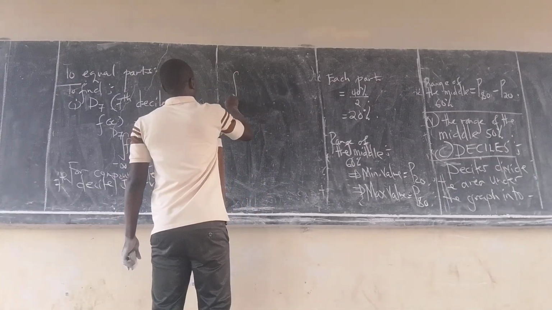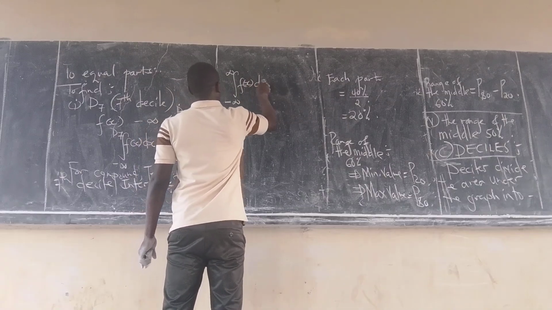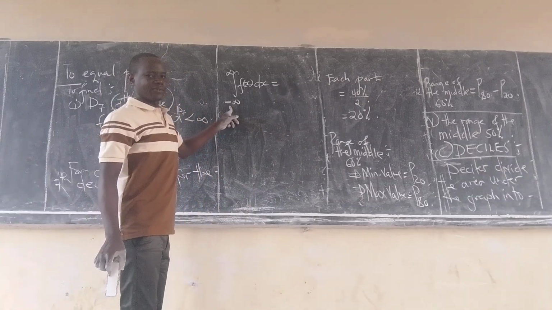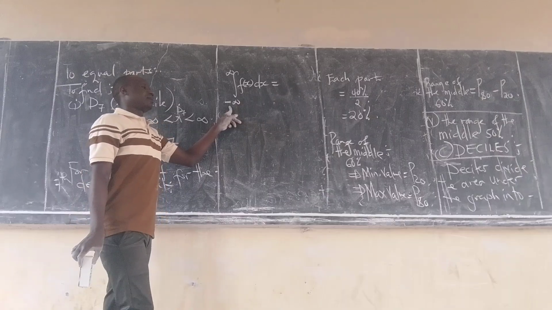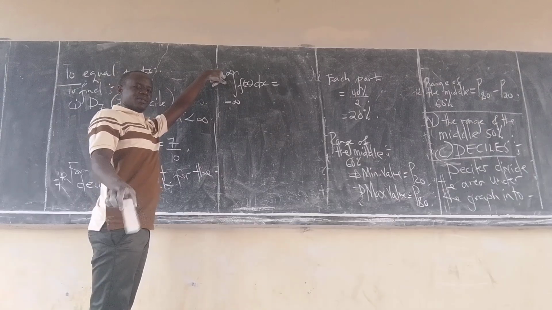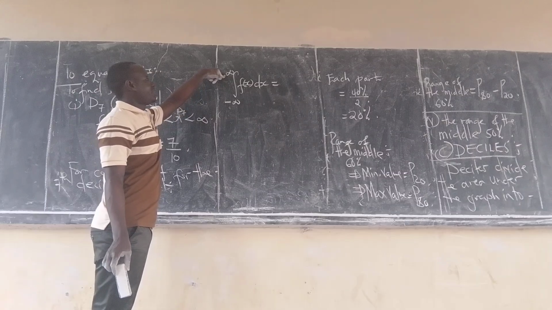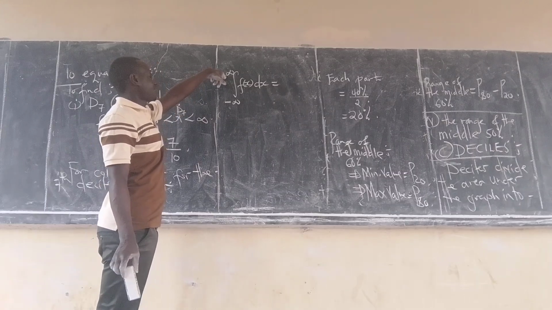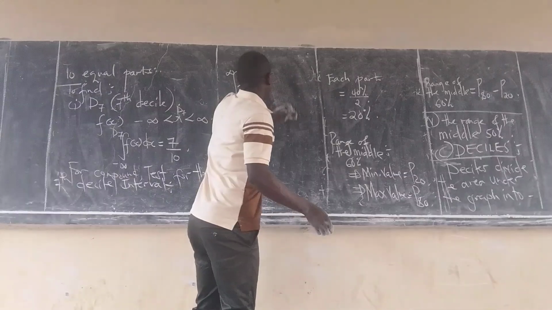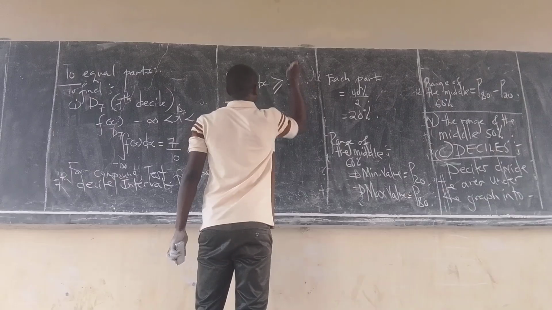So if we integrate the PDF with respect to x from negative infinity to positive infinity, where negative infinity represents the lower limit of the interval which might contain the 7th decile, and positive infinity represents the upper limit of the interval which might contain the 7th decile value, then your final answer must be at least 7 over 10.